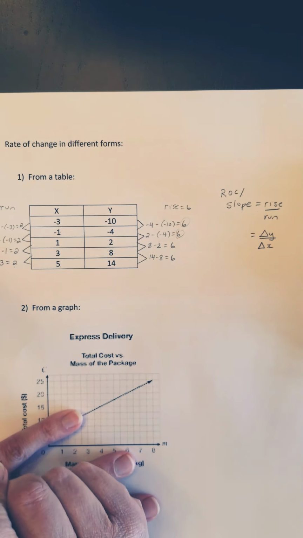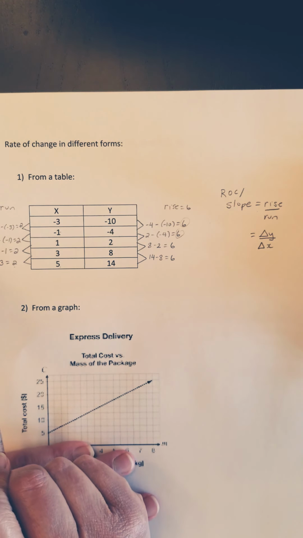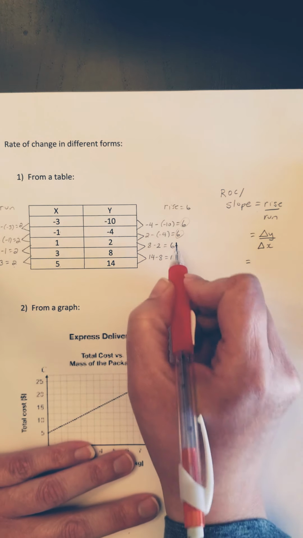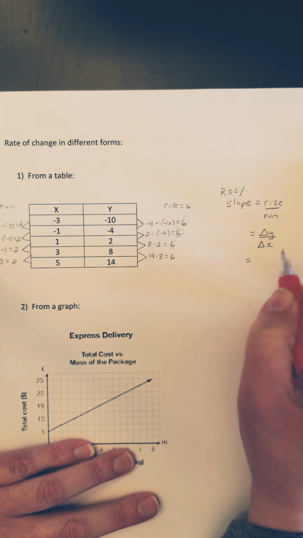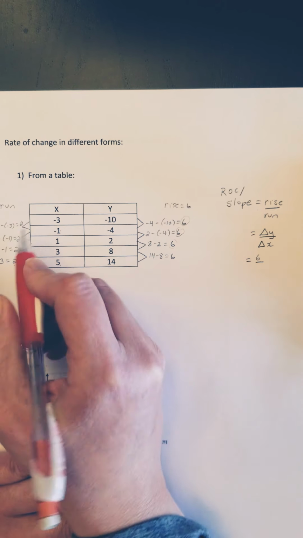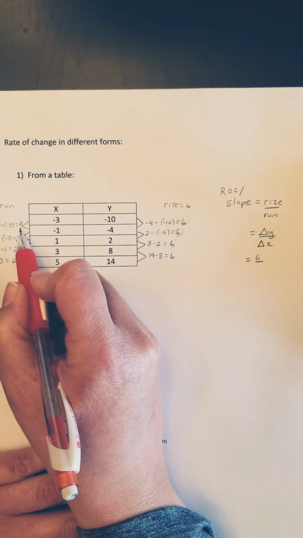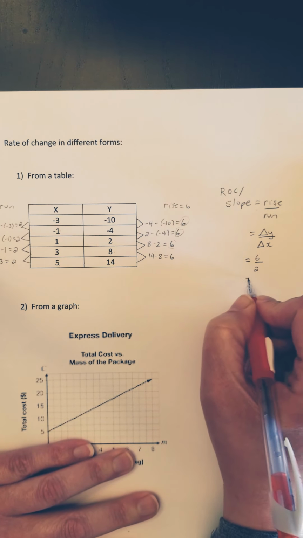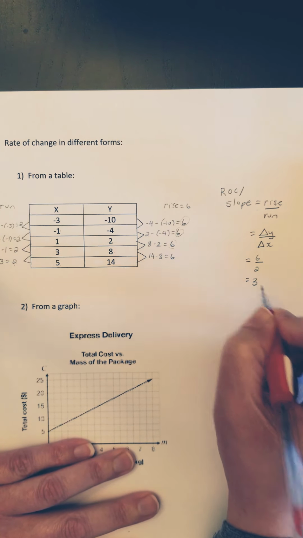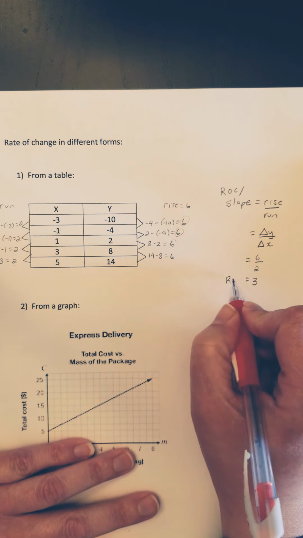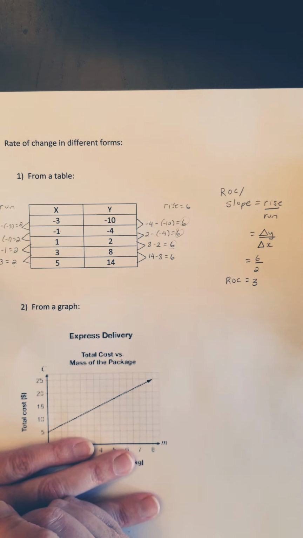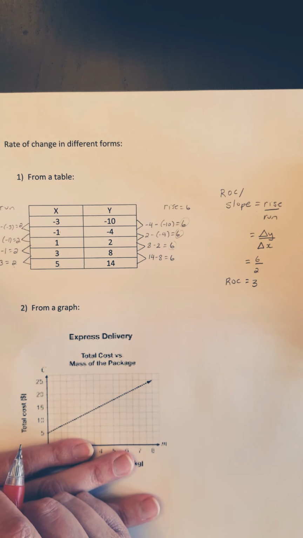So those are just different representations of the same thing. And then that here is going to be equal to the rise, how much the y values are changing, or my delta y is 6, divided by the delta x values, which are 2. So 6 divided by 2 means that this has a slope, or a rate of change, of 3. Okay, so that's the first example of finding rate of change from a table.